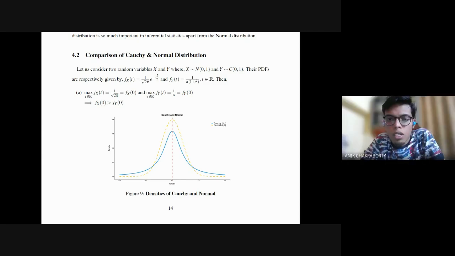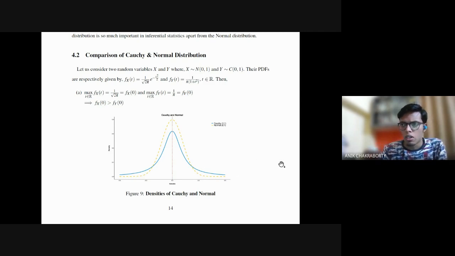One example can be in the field of financial statistics, where risk comes into the picture. The risk distribution can be heavy tailed, because in certain cases risk can be very high, or risk can be very low. So extreme values come into risk analysis.